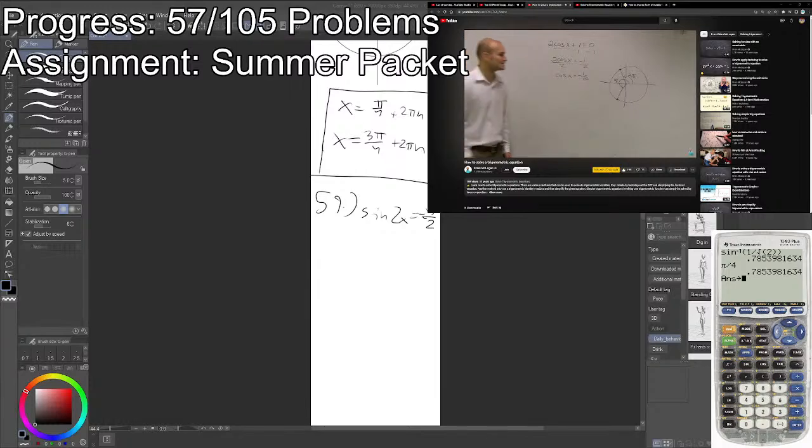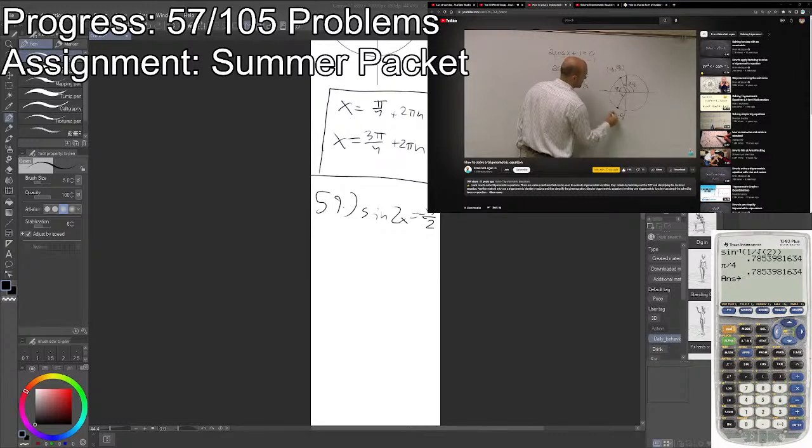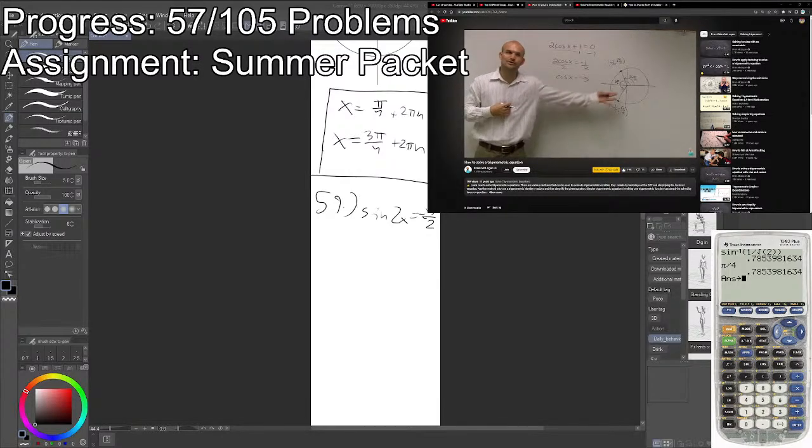I kind of just already have everything memorized. This angle is -1/2, radical 3 over 2. This one is -1/2, negative radical 3 over 2. Like I said, I just reprinted the unit circle for you.